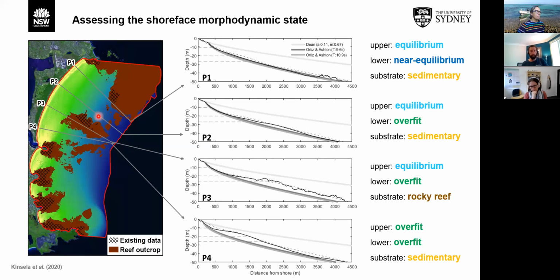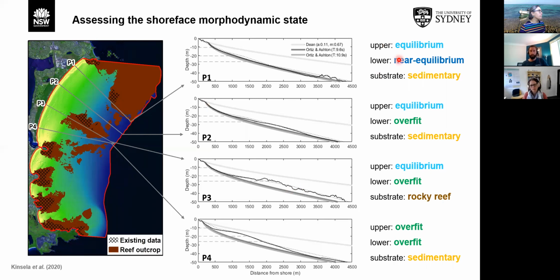So we're in the Illawarra South compartment, and we're just looking at this stretch of beach called Perkins Windang Beach here, and 4 profiles along that beach, just to look at how much the shoreface morphology varies in just one connected sandy beach. And we can see going from top to bottom, the black is our surveyed profile from high resolution mapping, and the grey thick profiles are our equilibrium profiles, so our Dean model fitting the surf zone, and our Ortiz and Ashton model fitting the broader shore face.